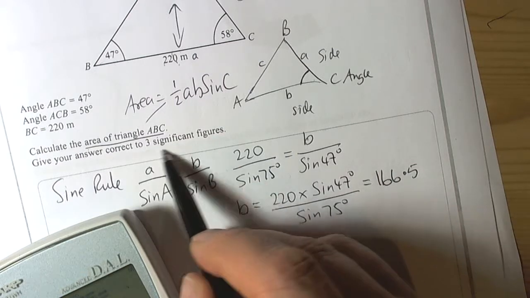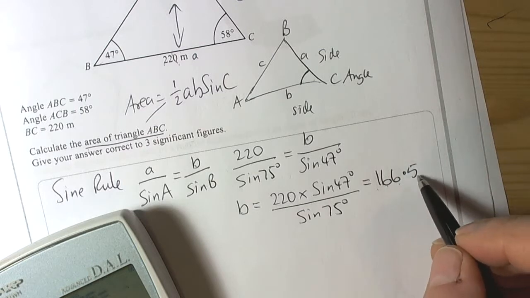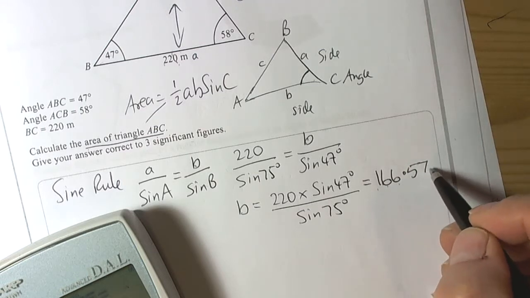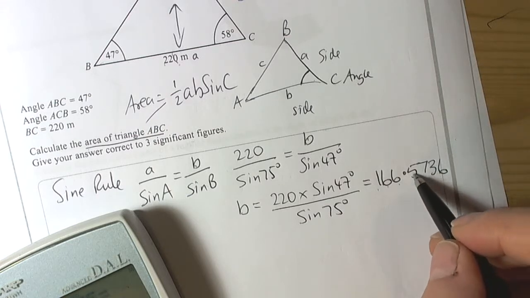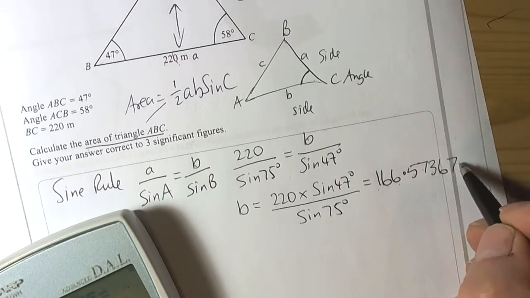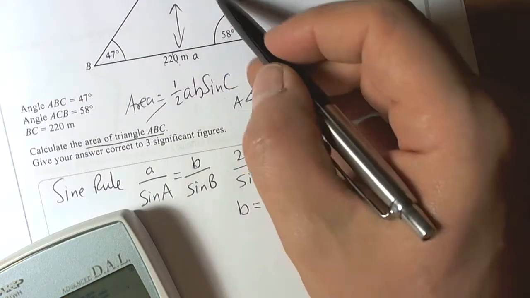At the moment they want a final answer to 3 significant figures, but I'm going to go a little bit further just to make sure that when I round my final answer I'm not going to lose the accuracy mark. So 166.5736747. So that's the length of b.